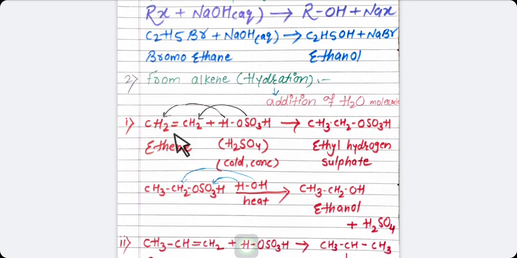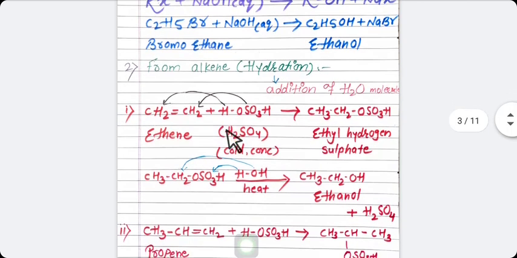We are taking here ethene, a symmetrical alkene, which reacts with cold concentrated sulfuric acid. See in sulfuric acid, H2SO4, it is in a breaking form.